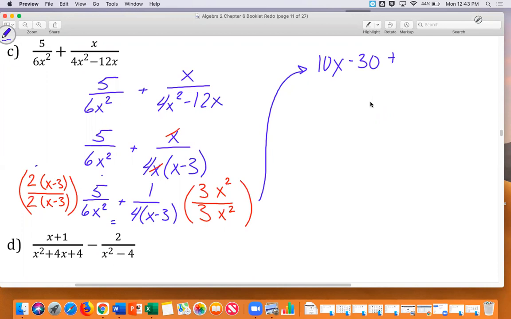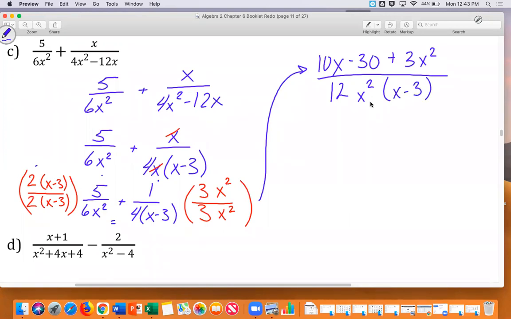I have 1 times 3x squared. And on bottom, I'm going to combine my numbers. I have a 2 and a 6, that's 12. That was the number we were trying to get to. They both have x squared. And they both have the x minus 3.